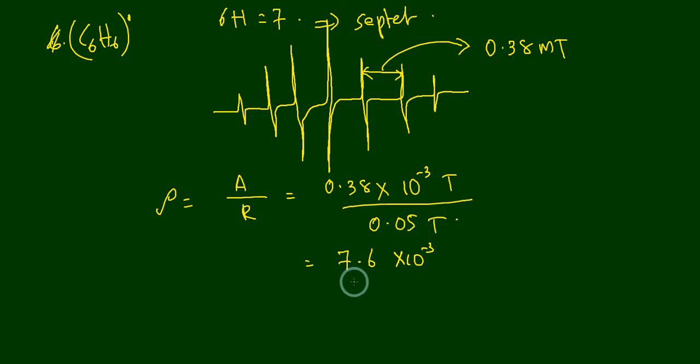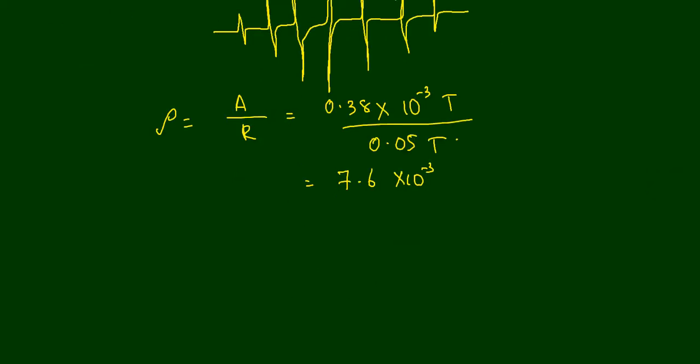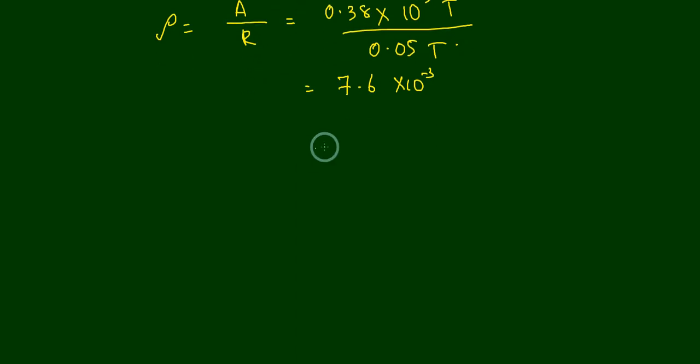So it is just the electron density, the fraction of electrons that we can see around the hydrogen nucleus. That is what this number indicates. Okay, so this rho is the electron density at a single hydrogen nucleus.